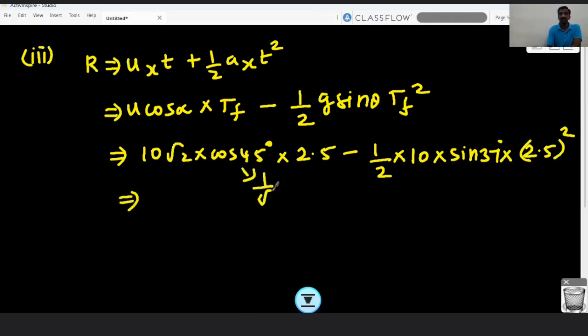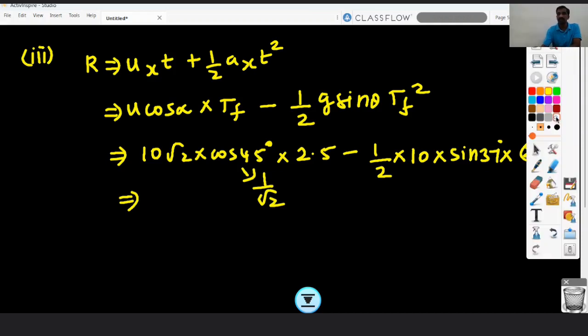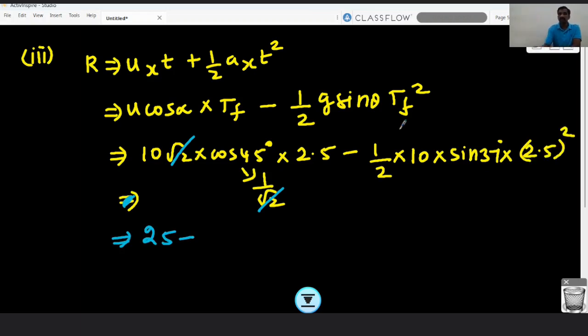So 1 by root 2. Here the root 2 will be gets cancelled, no? So now 10 into 2.5 will be writing 25 minus, here also we can cancel. So 2 if we cancel will be getting 5.